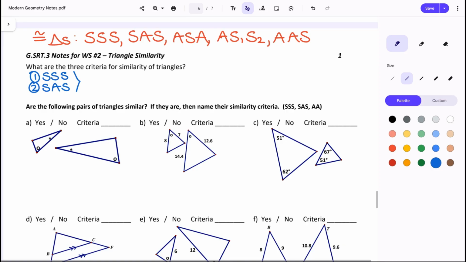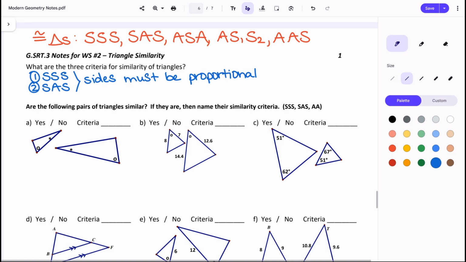So I'm just going to add on a little note here that says sides must be proportional. That means that at some point when we're working with triangles and their side measurements given to us, we're going to have to still use this idea of these ratios, these proportions that we've been spending some time on the last couple of days, still setting those up and still making sure that they're true for the triangle that we're working with.